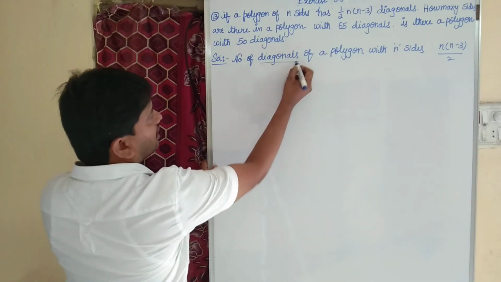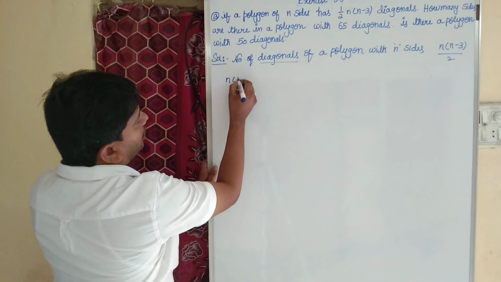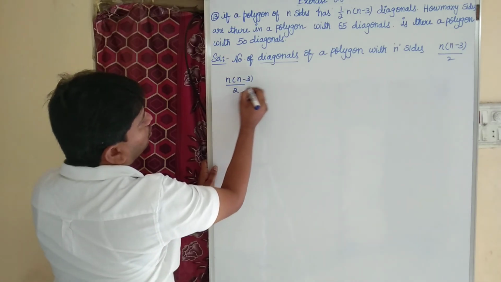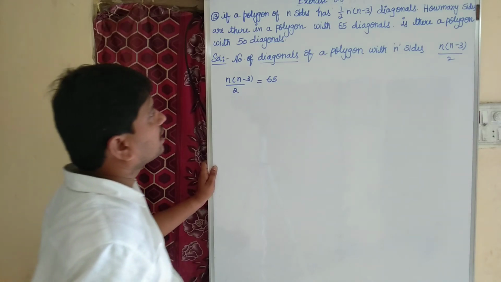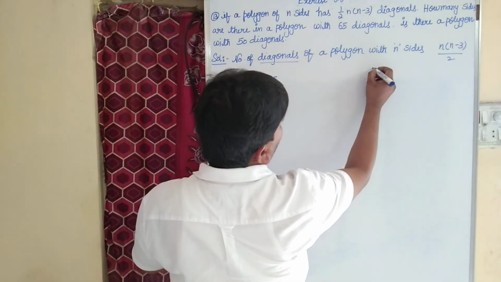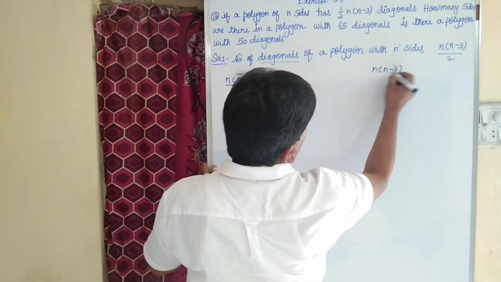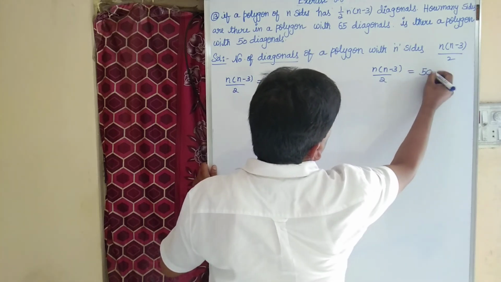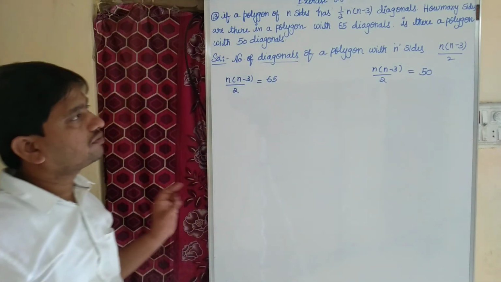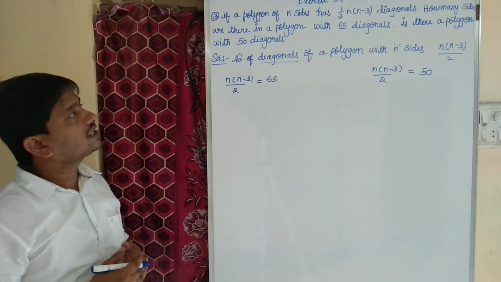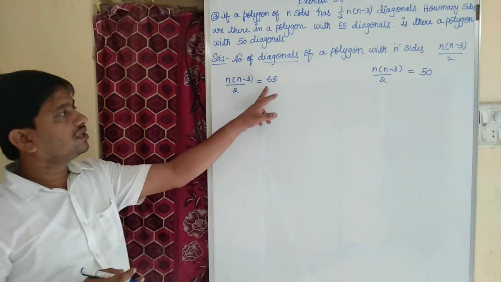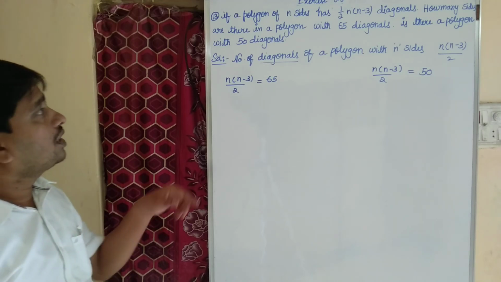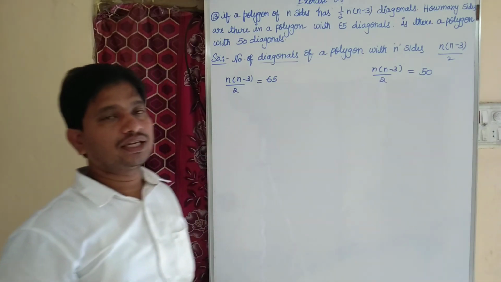That is our question number 1. Is there a polygon with 50 diagonals? They said the number of diagonals is 65. I mean n into n minus 3 by 2 equal to 65. And the second question, is there a polygon with 50 diagonals? n into n minus 3 by 2 equal to 50. We have two questions. First question, they are asking to find how many sides are there in a polygon with 65 diagonals. Second, is there a polygon with 50 diagonals? Let us see now.